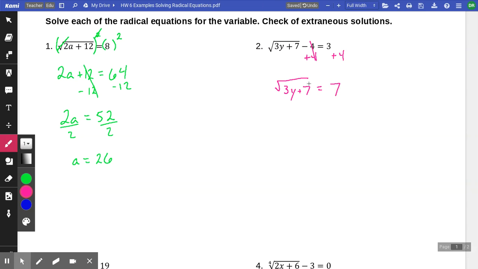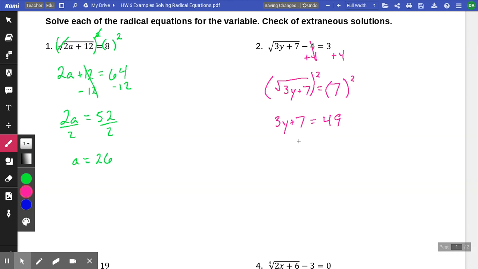And now we have a setup very much like we did in the last example. We have the square root of 3y plus 7. So our variable is underneath this square root. So to cancel the square root, we square both sides, meaning we'll square both sides here. And we'll get 3y plus 7 equals 49.